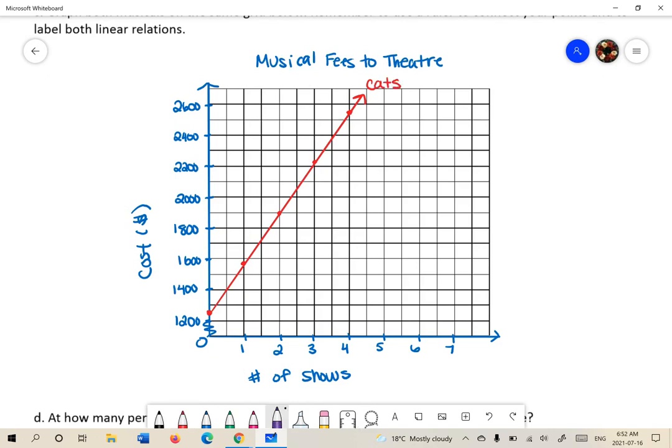And Fame, I'll graph in purple. 0, 1,400. 1, 1,650. 2, 1,900. 3, 2,150. 4, 2,400.